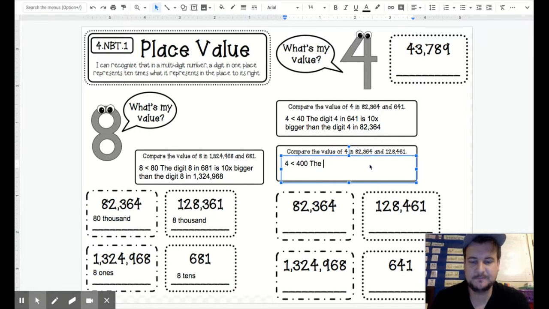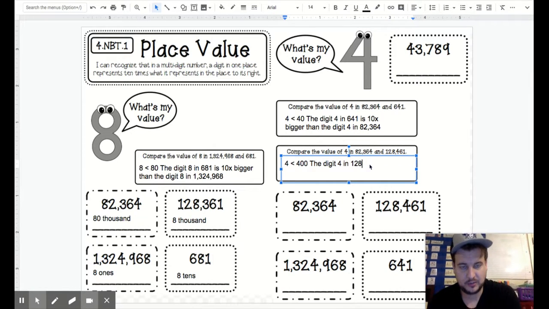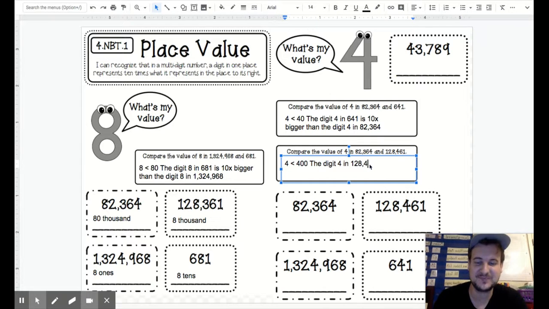The digit 4 in 128,461 is, now it's not 10 times bigger. They try to trick us on this one.